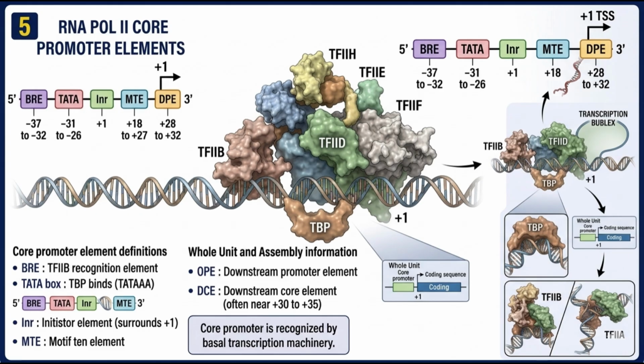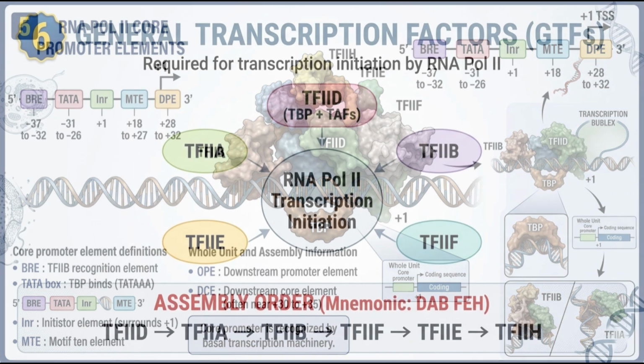The initiator element, abbreviated INR, surrounds the transcription start site. The motif ten element, or MTE, and the downstream promoter element, or DPE, contribute to promoter recognition, especially in TATA-less promoters. Different combinations of these elements create diverse promoter architectures and regulate transcription efficiency.